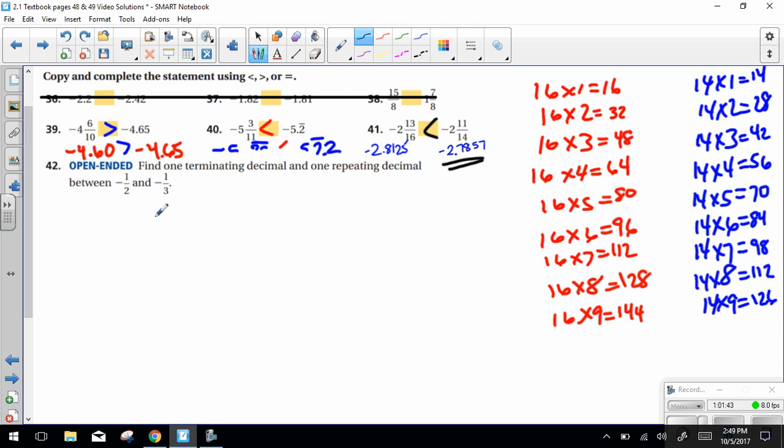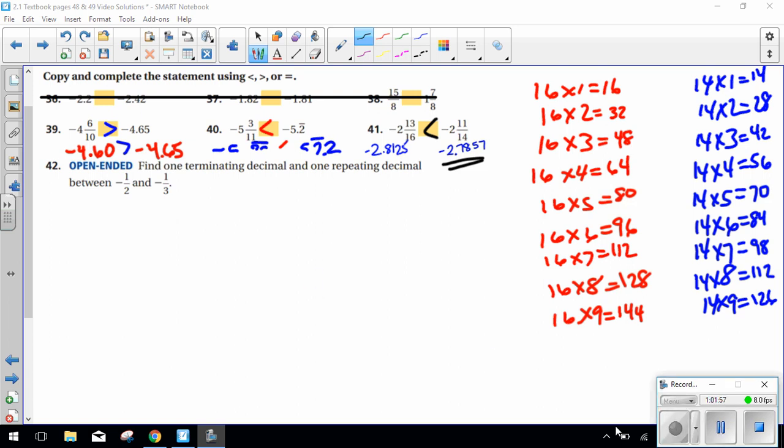The next one, students really dislike, and the directions are to find one repeating and one terminating decimal between these two fractions. Students have a really tough time with this because when they look at these fractions, students just see fractions.